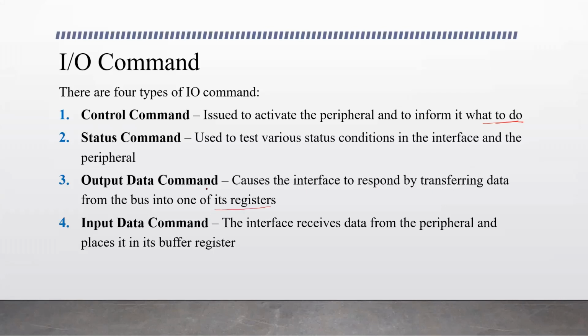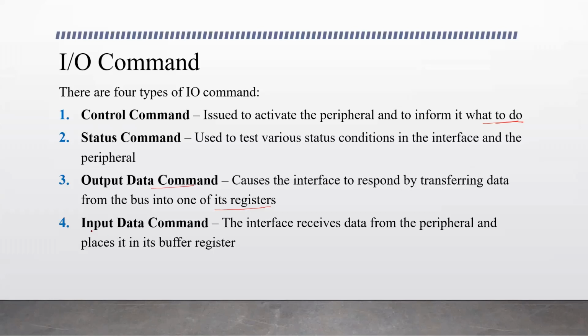When the command given by the CPU is output data command, it means there is some output to be transferred to the output device. So the interface transfers the data available on the bus to one of its registers, to transfer it to the output device.